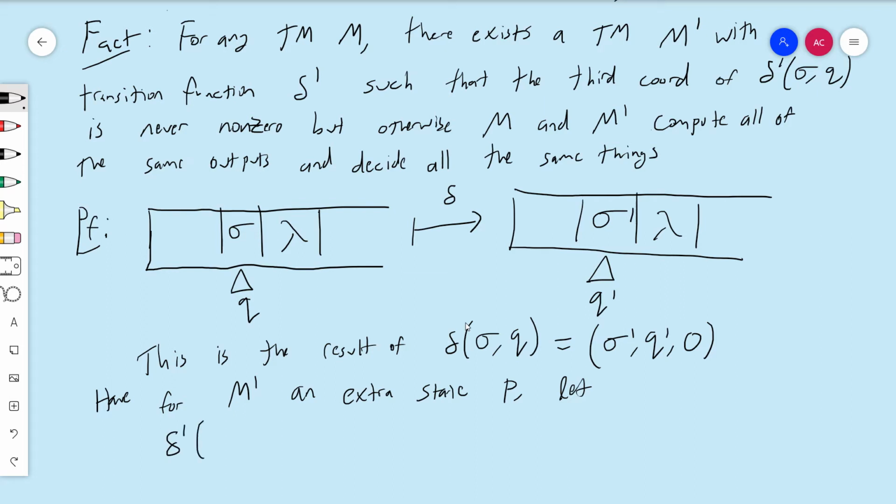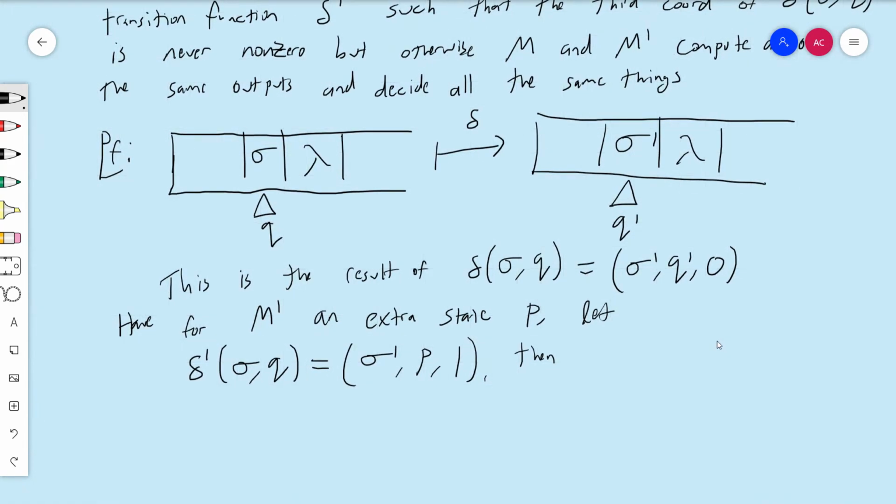I'm going to define what delta prime does in this situation. So delta prime, looking at sigma in state q, is going to actually change the symbol, we'll go ahead and do that. But now we'll go into this new state p instead of q prime. And we have to move right because, again, we're not allowed to stay still. That's the constraint. And then what's going to happen is that will produce this.